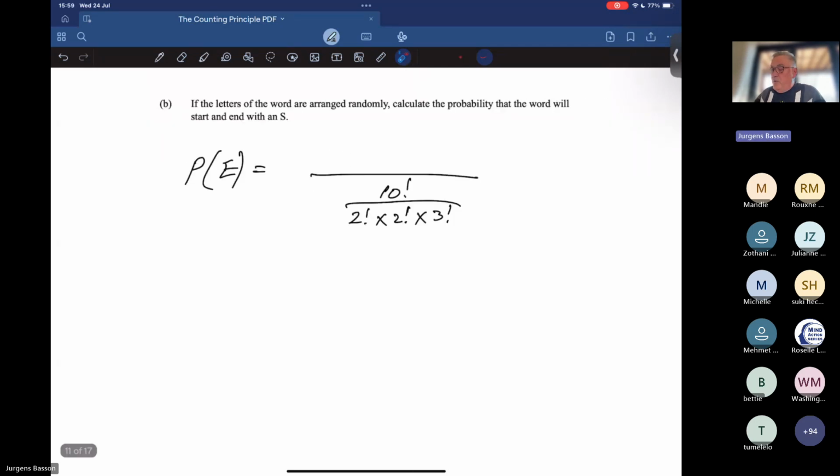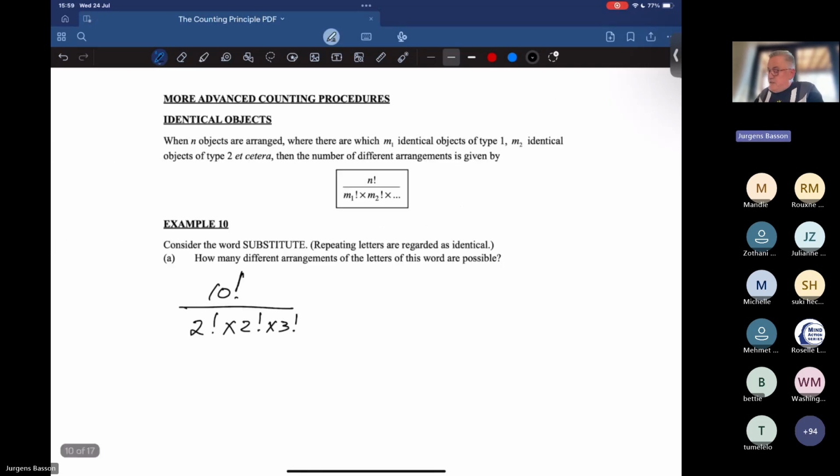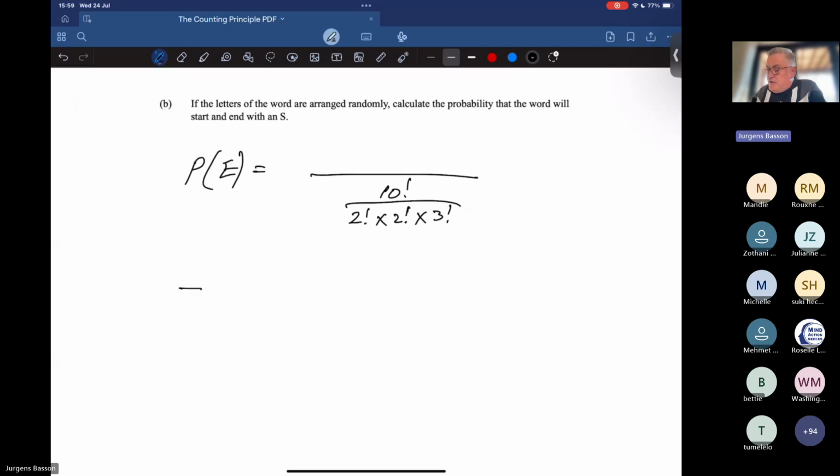So what will we do? So if I just quickly want to draw the lines for substitute, then it's 1, 2, 3, 4, 5, 6, 7, 8, 9, 10.